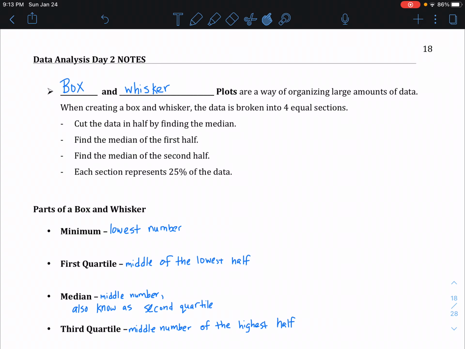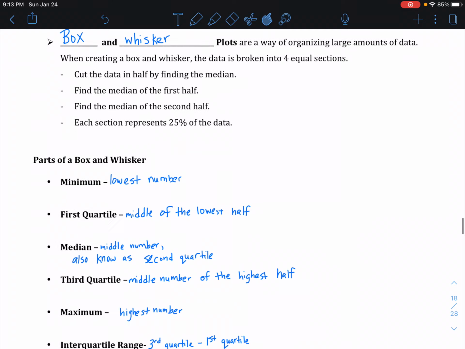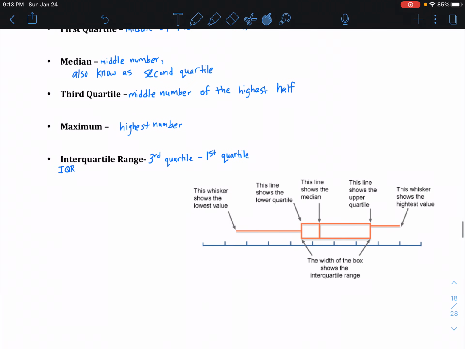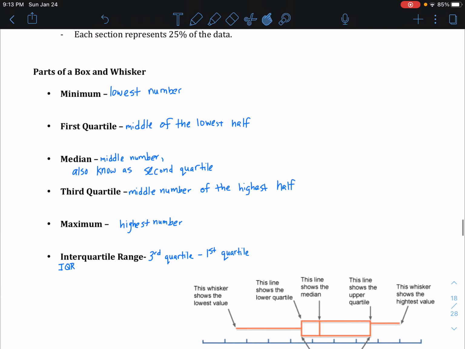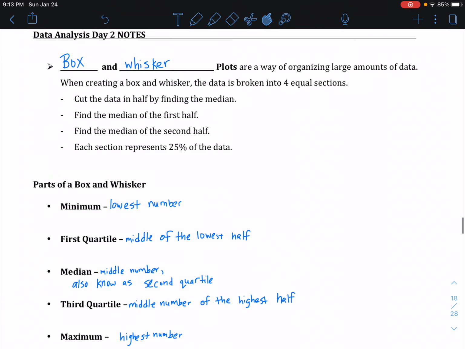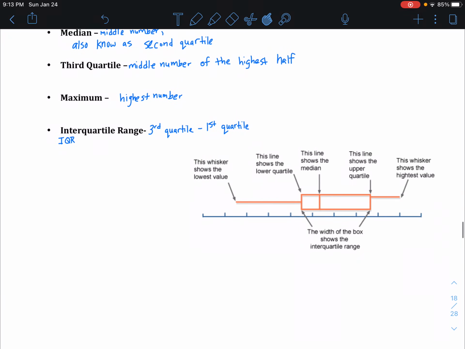So when we're creating a box and whisker plot, the data is actually broken into 4 equal sections. As you can see right down here, we have 4 equal sections. We have the 2 boxes and the 2 whiskers. So how the 4 sections are split up is, imagine if you had like 1,000 numbers that you had written out and you wanted to see how they were spread.